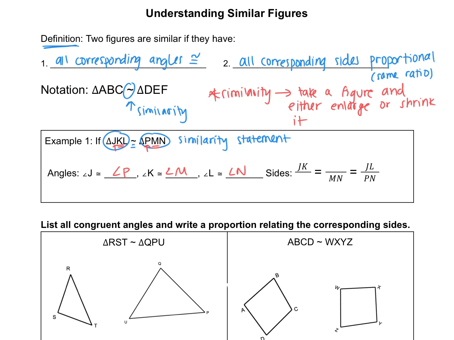Our sides being proportional, like we wrote above, have to have the same ratio. So that's what we have over here on the right side, the ratio of the sides. And again, our statement will tell us which sides go together. JK, the first two letters, goes with PM.